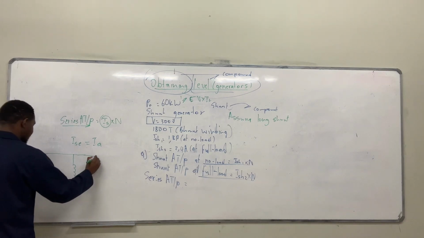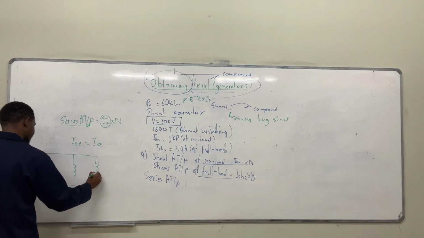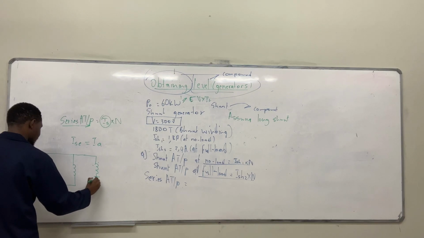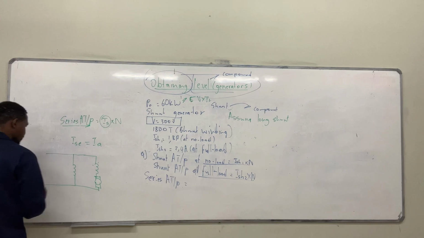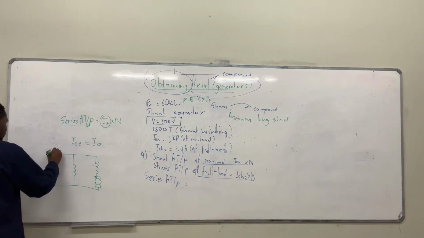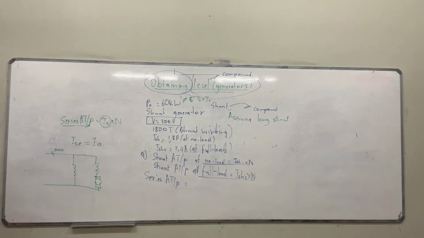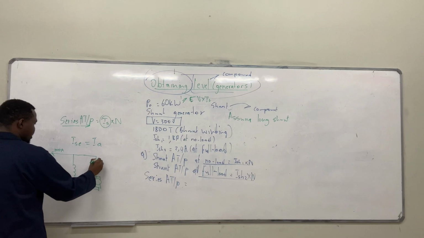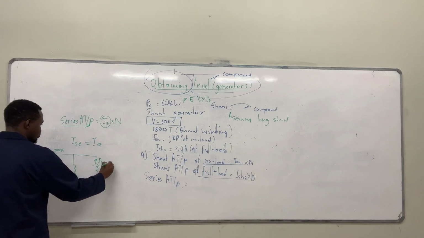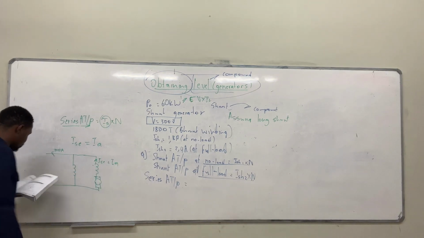Okay, that is a long shunt. Let me write this I load of 200 amps. We want to find the current that goes through I series, which is equal to I A also.